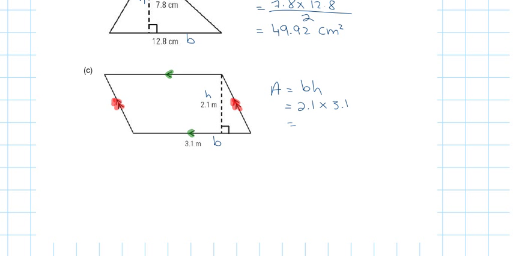6.5? And your unit is? Meters squared. You see that your sides are both in meters, so it's meters squared. What if one of the sides was given to you in centimeters and the other in meters?